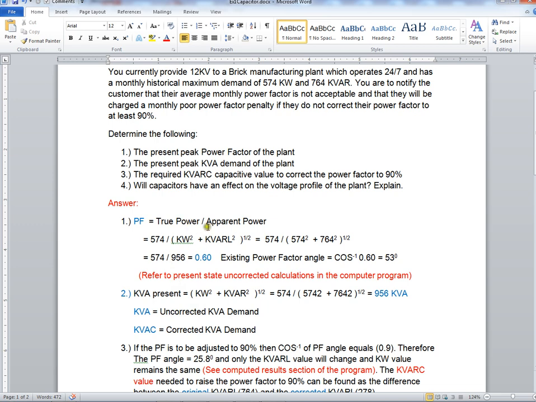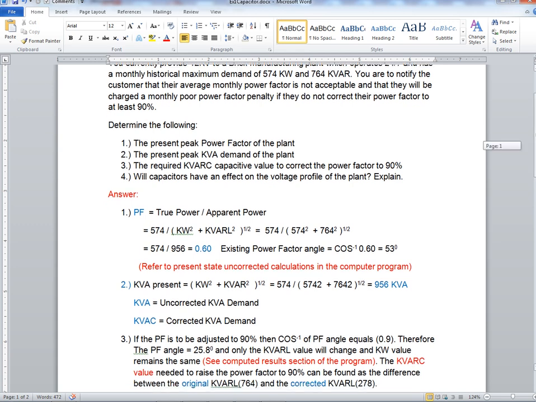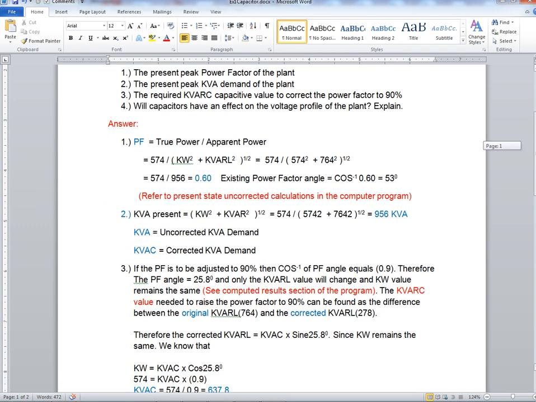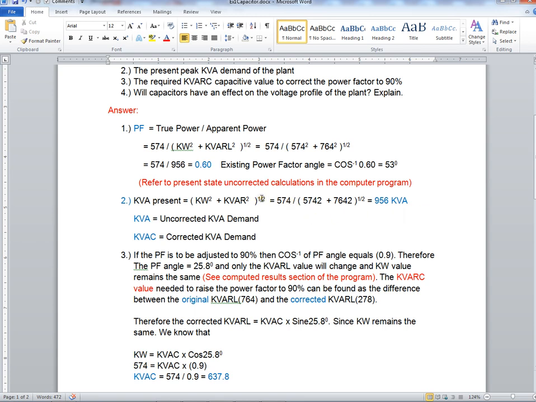So just using the basic formula, power factor is true power over apparent power. 574 is the true power, and your apparent power is the hypotenuse of the right power triangle that you've already learned about earlier. This gives us a power factor of 0.6, and that means the existing power factor angle is 53 degrees, because the arc cosine of 0.6 turns out to be 53 degrees. So this would be the present state.